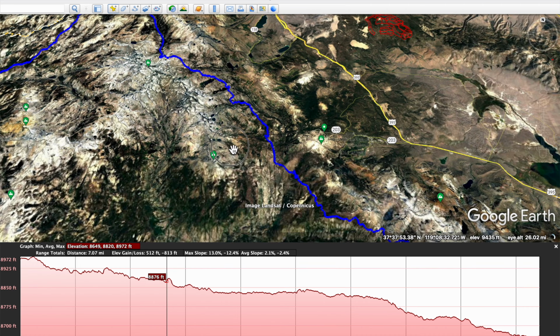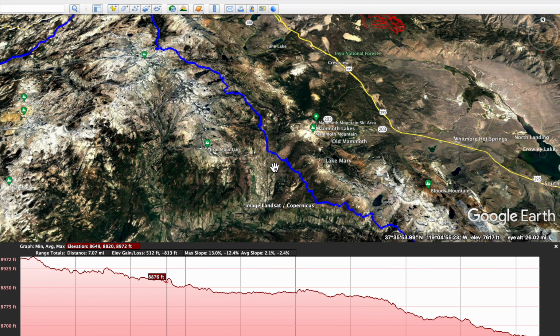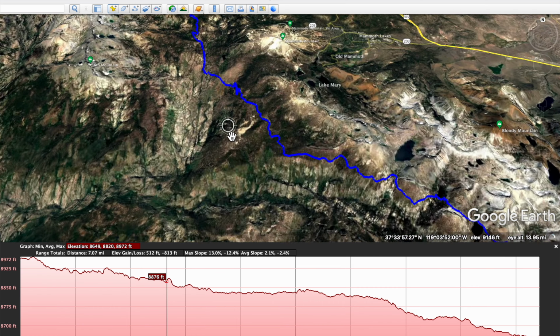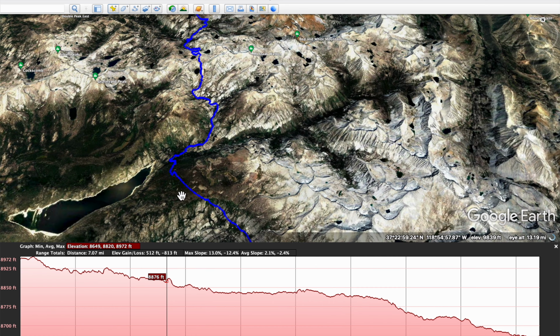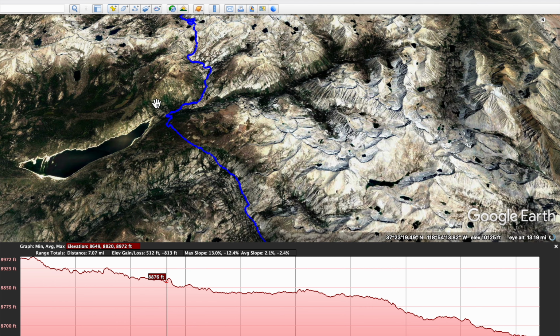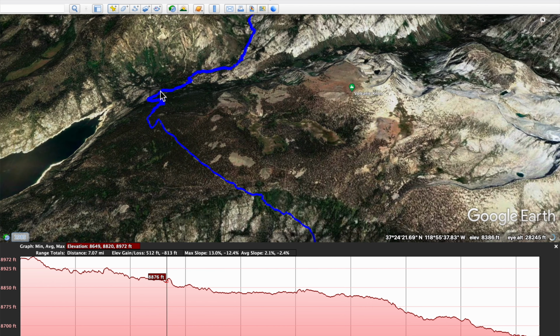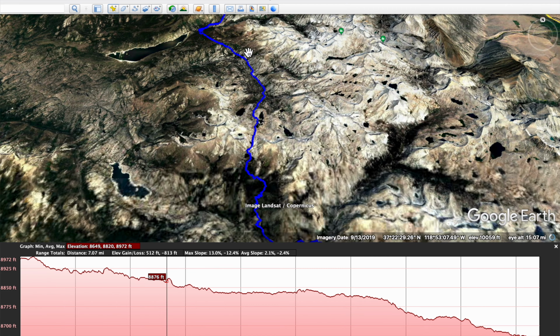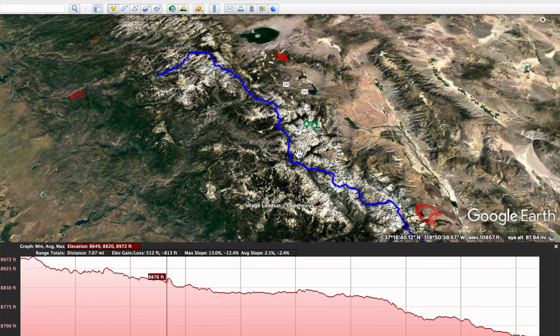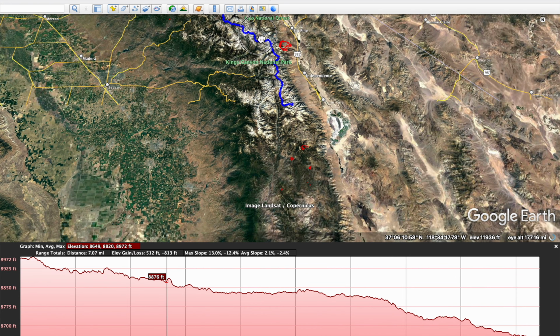I'm going to zoom pretty far out here. And basically these areas that are below tree line is where I'd ideally be camping. This would be a resupply by this lake area. You can send a resupply box there. Okay, so that's the general idea.